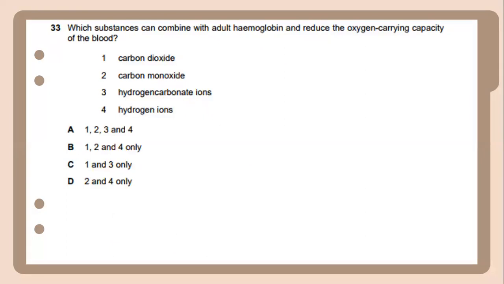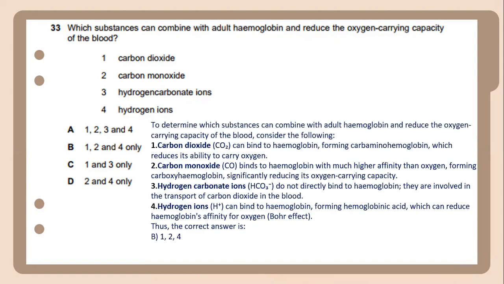Which substances can combine with adult hemoglobin and reduce the oxygen carrying capacity of the blood? To determine which substances can combine with adult hemoglobin and reduce the oxygen carrying capacity of the blood, you have to consider the following answers.